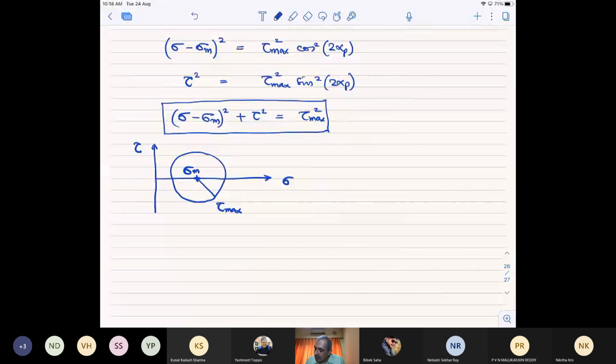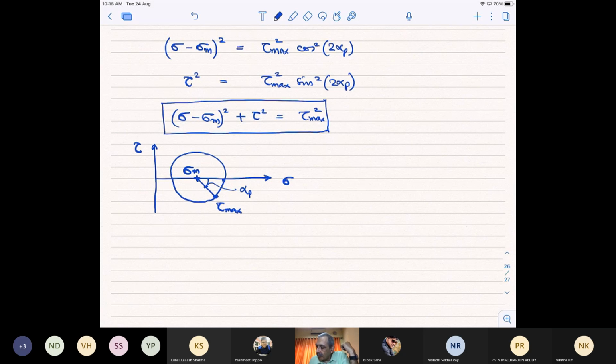So on this, you can see that for every alpha p, your shear stress and normal stress is simply given by a point on the circle.